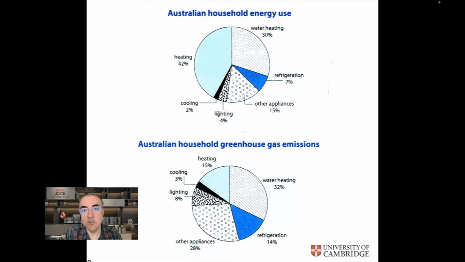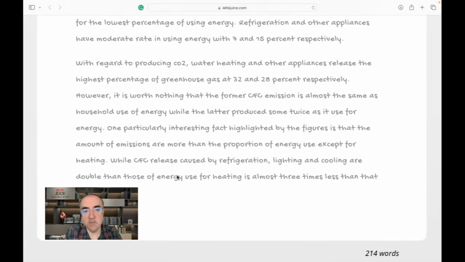So lighting, cooling, and refrigeration is 7 to 9 plus 4, 13. And then we have 14, 8. That's 22. And 3, 25. So 25 versus 13 is almost twice. Yeah, twice. I mean, 2 times 13 is 26. This one is 25. Yes, that part is correct.